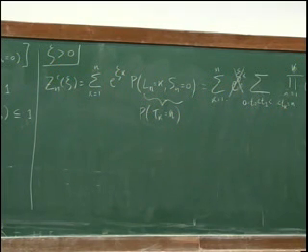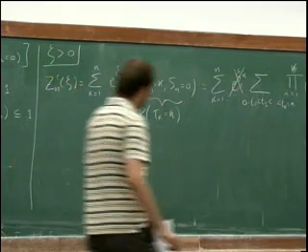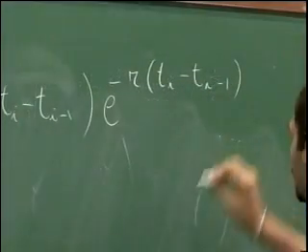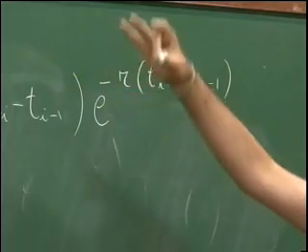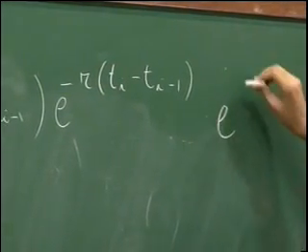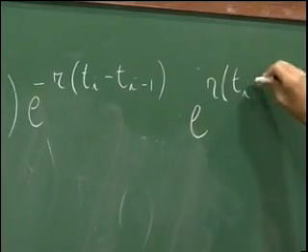How will I do this? By this trick, I just multiply by e to the minus R of ti minus ti minus 1. I just add an exponential cutoff. Okay? And of course, if I want to do this, I have also to compensate.